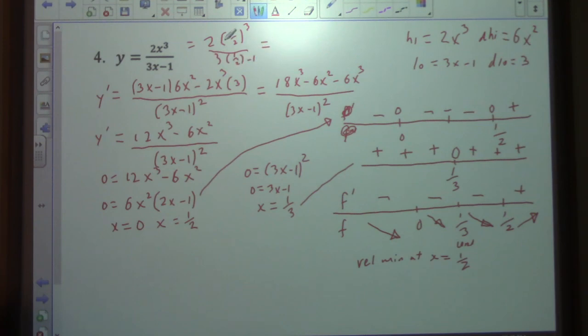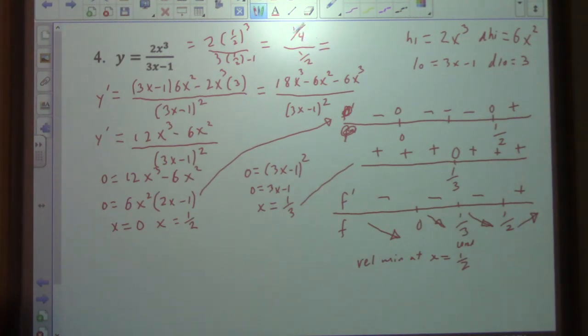So what's 1/2 cubed? It's going to be 1/8, right? So 2 over 8 is going to be 1/4 up here. And then we have, what's 3 over 2 minus 1? That's going to be 1/2, isn't it? So we have 1/4 divided by 1/2, which is going to be 1/2, isn't it?